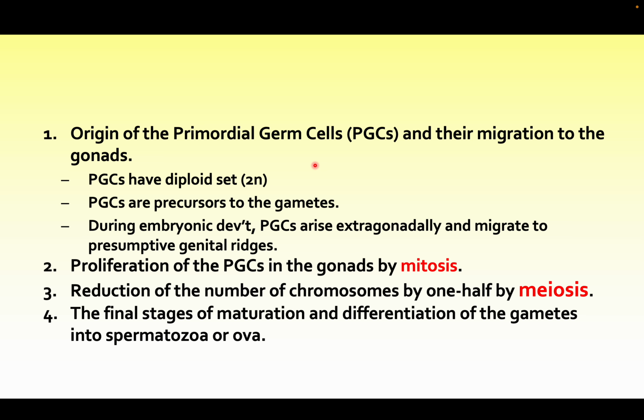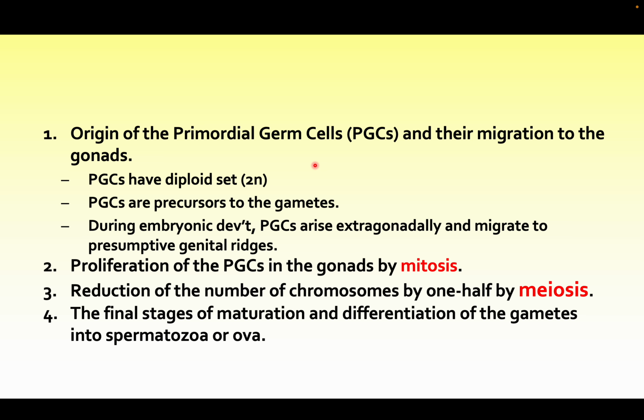These PGCs are produced during our early development, after the fertilization of an egg and a sperm, the donor cells that gave rise to the zygote.